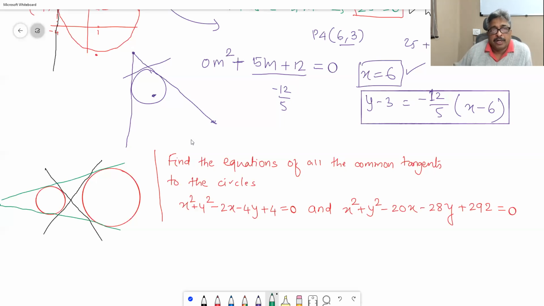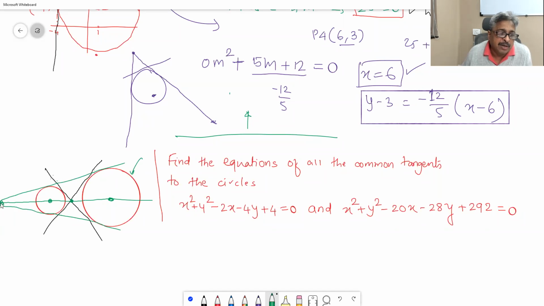Whatever exercise we have done so far in today's lecture, if we have been given a circle and a point, we can find the equations of the tangents. So this problem boils down to this: we know this, we know this. If you can find this point using the work we have done so far, you get the transverse tangents.